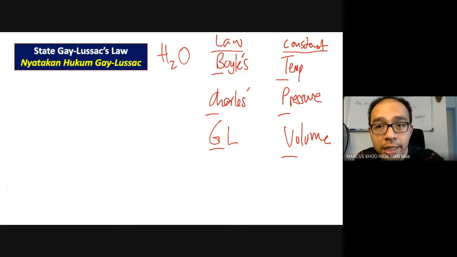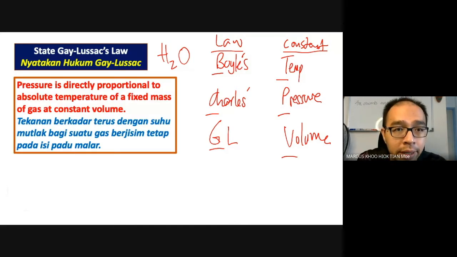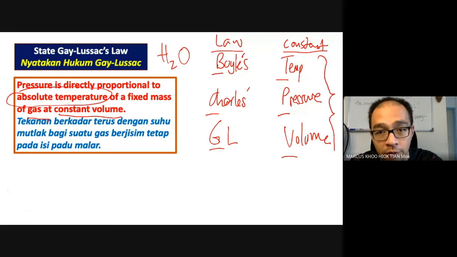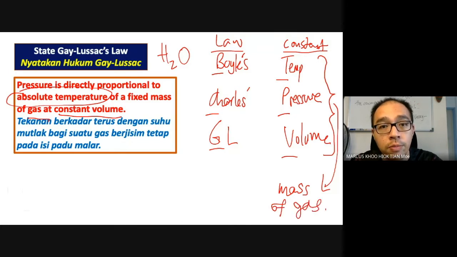The law states that pressure is directly proportional to the absolute temperature of a fixed mass of gas at constant volume. In all 3 gas laws, the mass of gas is constant. Boyle's law: temperature and mass of gas are constant. Charles' law: pressure and mass of gas. Gay-Lussac's law: volume and mass of gas, always constant.